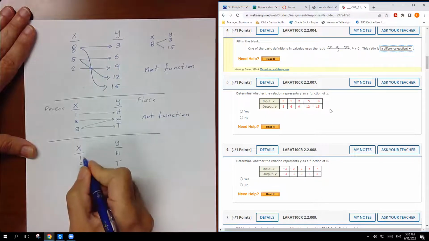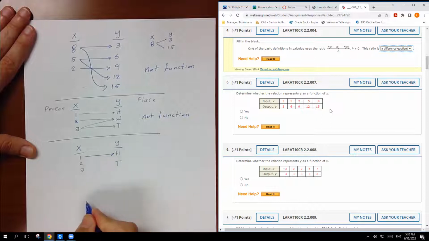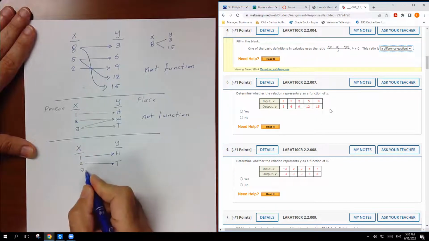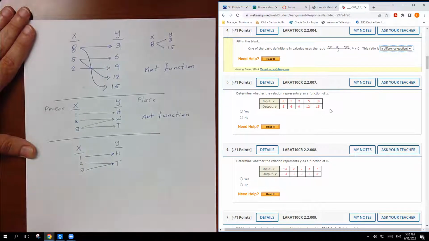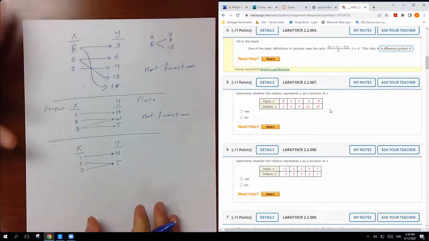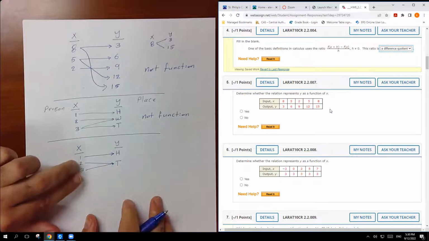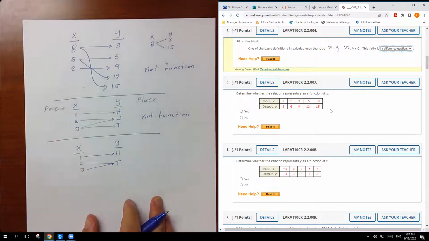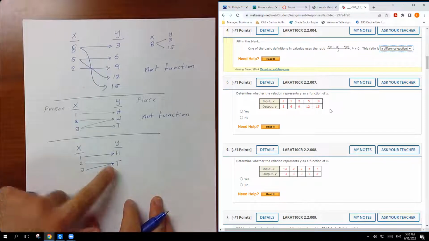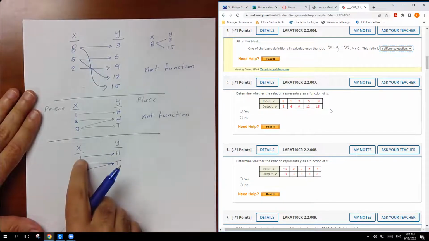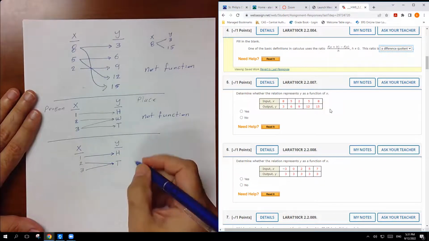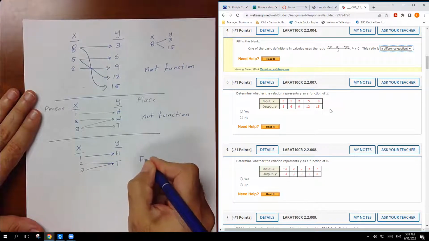So person number 1 goes to Home Depot, person number 2 goes to Target, and person number 3 also goes to Target. In this case, this is fine. 2 persons go to 1 place, which is fine. Like hundreds of people can go to the same place at one time. 1 person goes to Home Depot, so it's fine too. So in this case, this is a function.